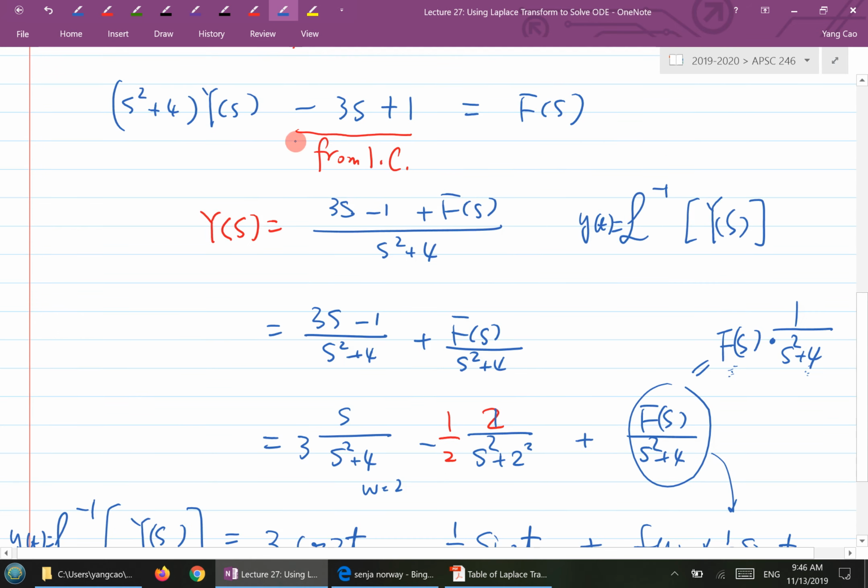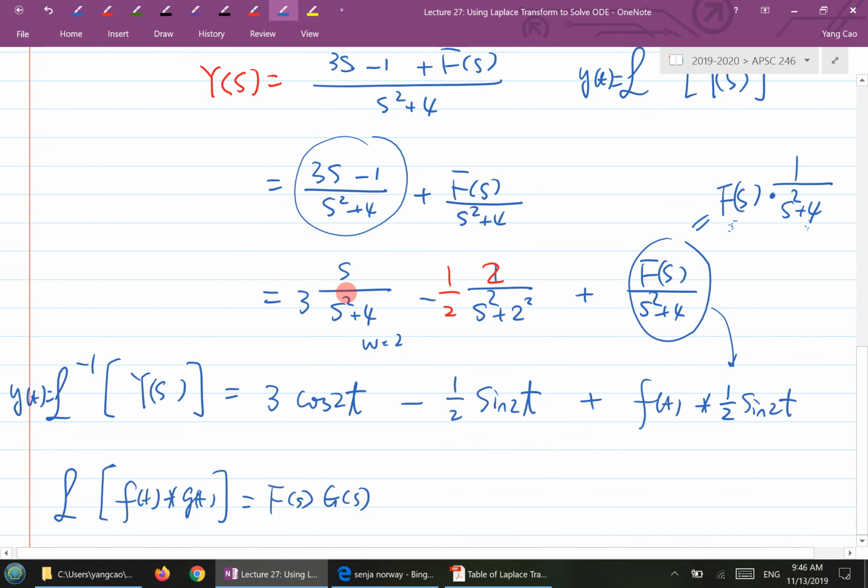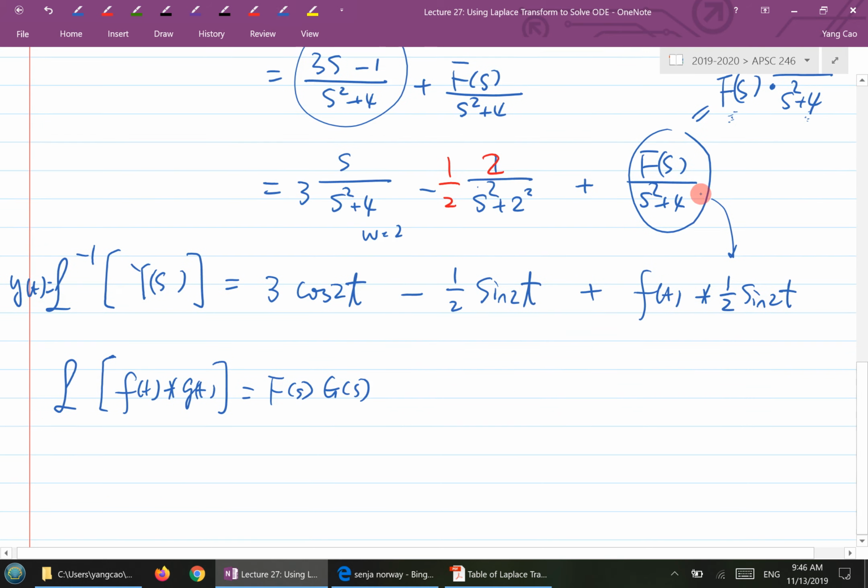Remember, I purposely highlighted the terms coming from initial conditions. So these terms are from initial conditions, this term from where? Initial condition, right? So the inverse Laplace of these two terms, they are contributed from initial conditions.